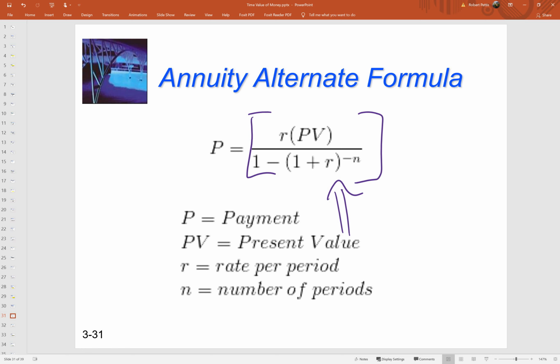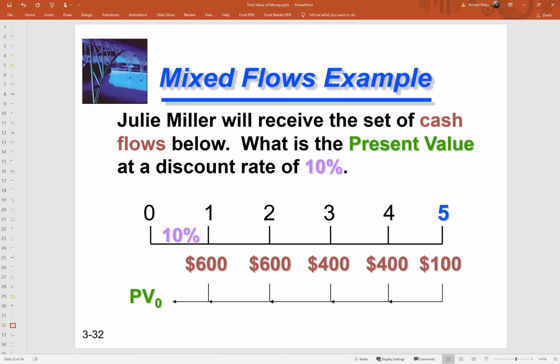You should get the same number. But I'm not going to stick on that for too much. I think we're not going to have a large number of periods to discount back, so I feel like the way we typically deal with them, as we have in our examples, is a little bit easier.